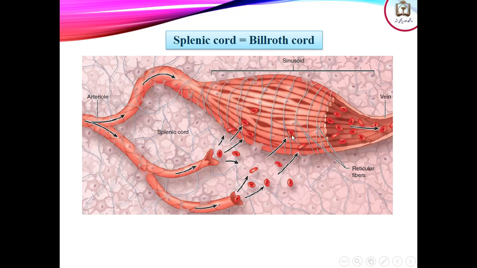And note that here old and useless blood cells are trapped because they cannot enter the blood vessel because they have less flexibility, and here they are removed by macrophages.